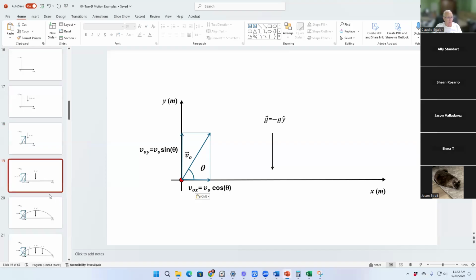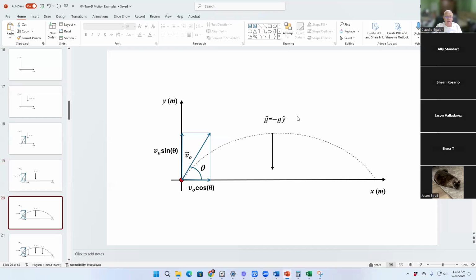And once the particle is propelled, it's going to describe a path in the y-x plane, okay? And as it moves along this plane, the velocity vector will change, okay?